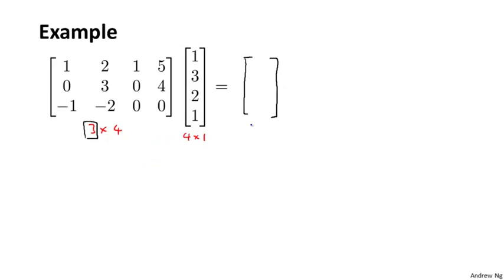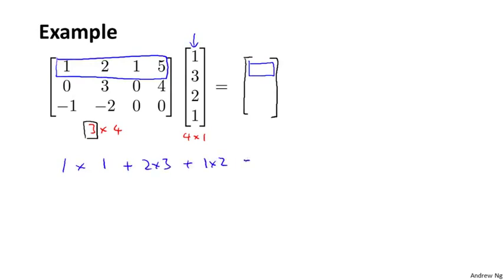So for the first element, I'm going to take these 4 numbers and multiply them with the vector x. So I have 1 times 1 plus 2 times 3 plus 1 times 2 plus 5 times 1, which is equal to 1 plus 6 plus 2 plus 6, which gives me 14.